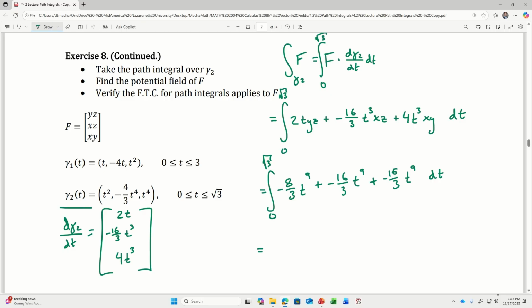So that's negative 40/3 times t to the 10th power divided by 10 evaluated at square root of 3.